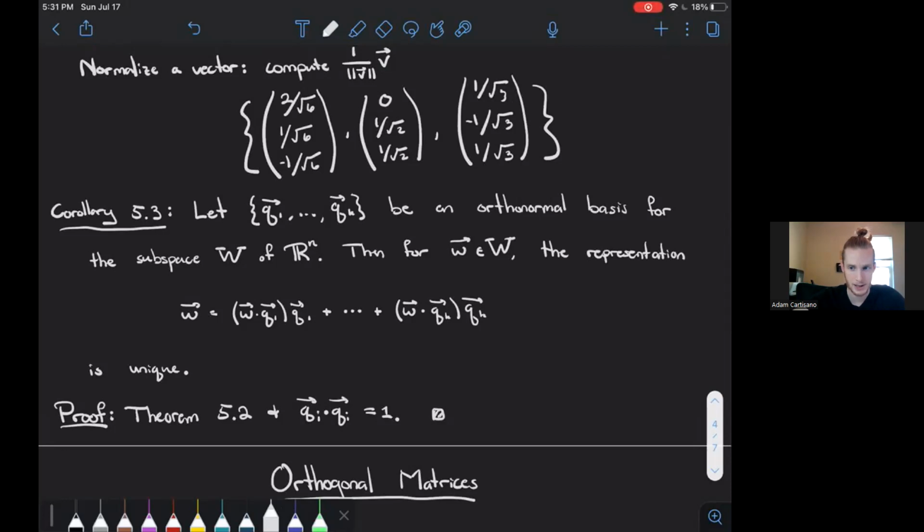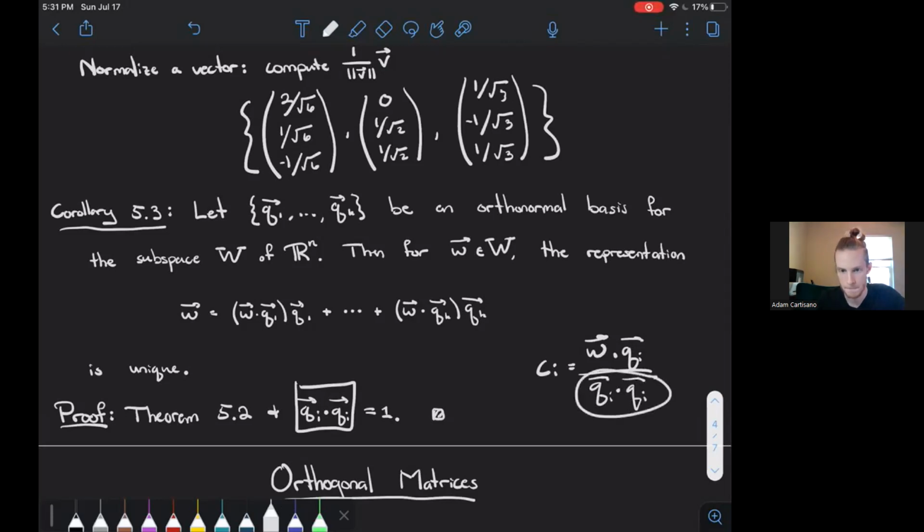The proof for this, by the way, is just theorem 5.2 again, but with the additional observation that the denominator, in ci equals w dot qi over qi dot qi, is equal to 1.